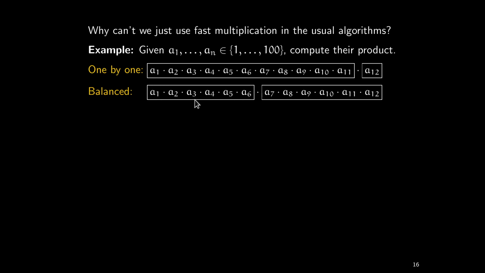You can compute this product first, and then this product, and then compute the product of these two products. Now, how would you compute this product and this product? In the same way, you would split recursively. Say, okay, this product is computed by splitting it in the middle, and first compute this product, and then compute this product, and then multiply the two results together to get this box. Same here, and so on.